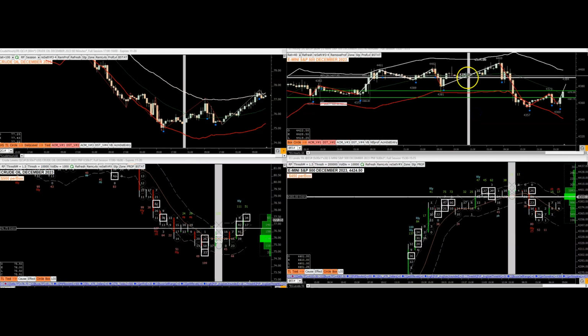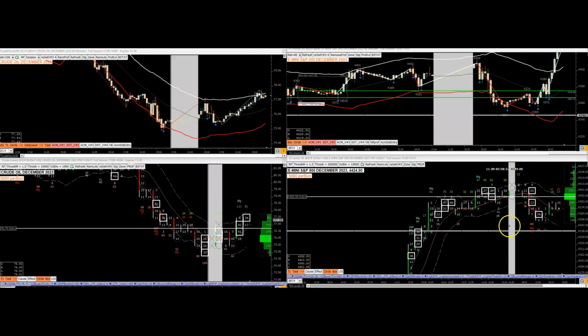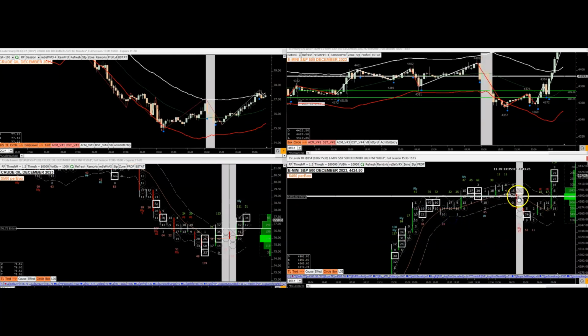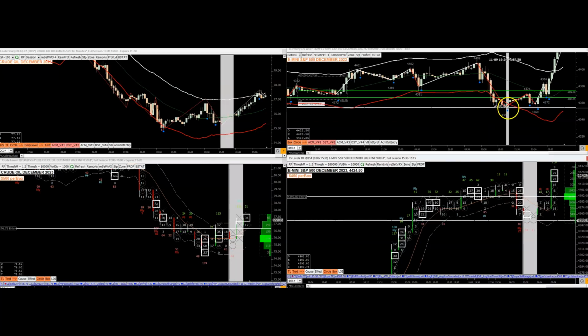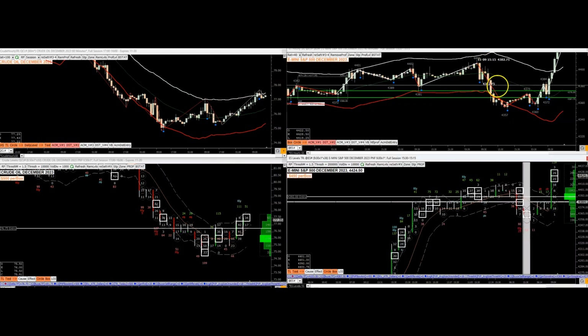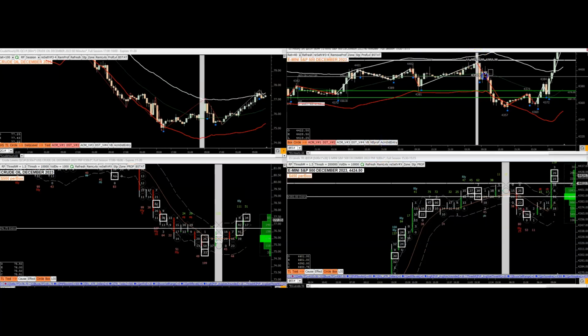So it's going to keep on doing that until it fails. All right. So now what we want to see is what's going on here. Because it tagged the low of this channel, the trend here did reverse. High to low.